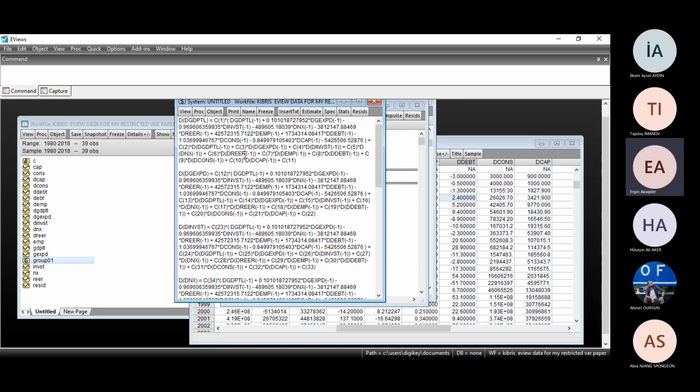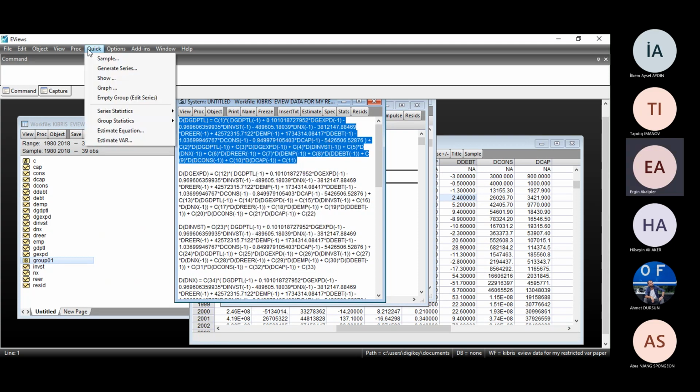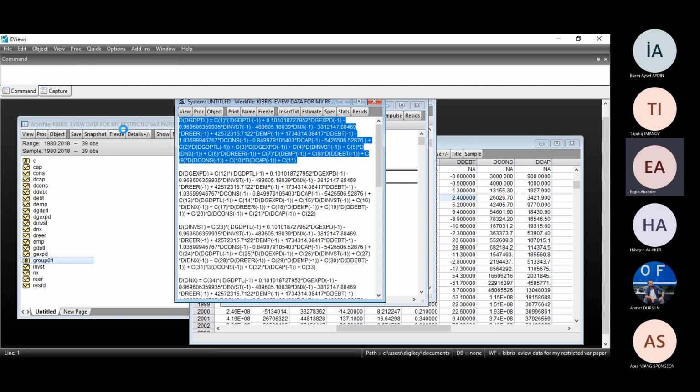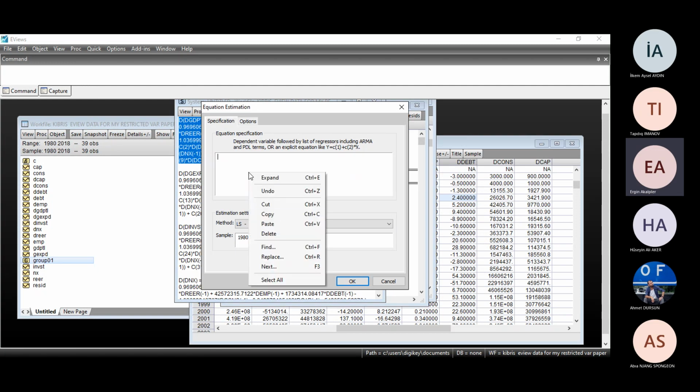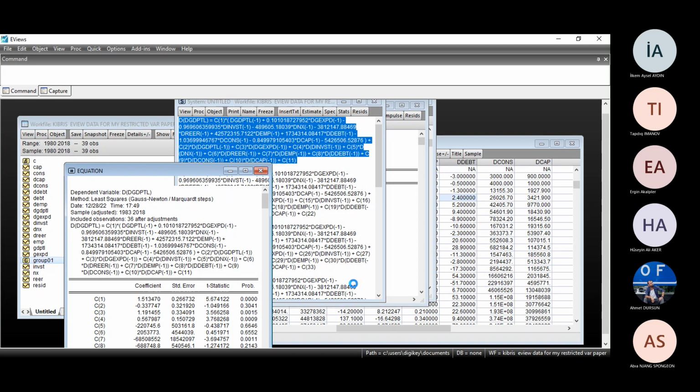Then when you are going to take the first copy of this, go to Quick, go to Estimate Equation, and put it here. If you have any question, ask me. You paste here. We will take least squares, it is okay. Then we have here the long run.